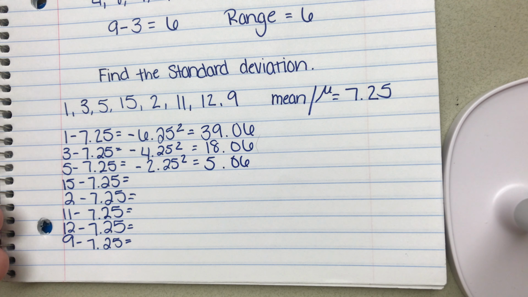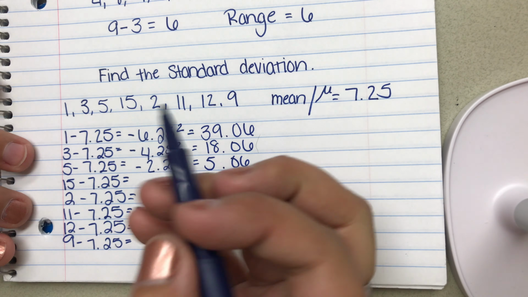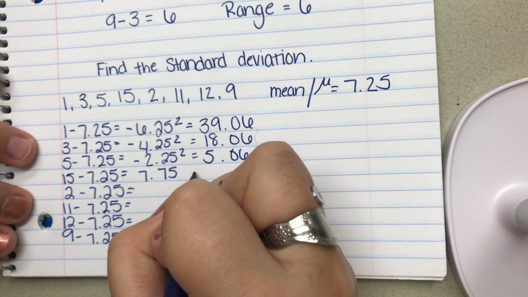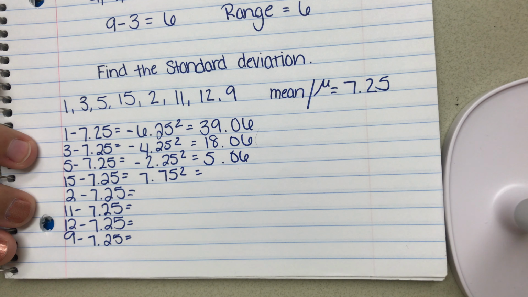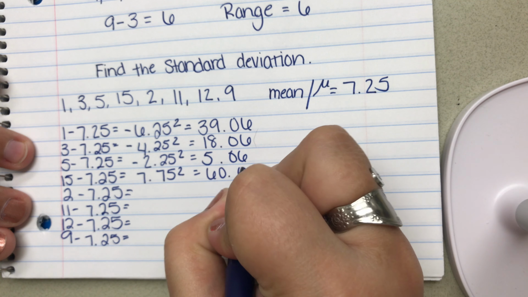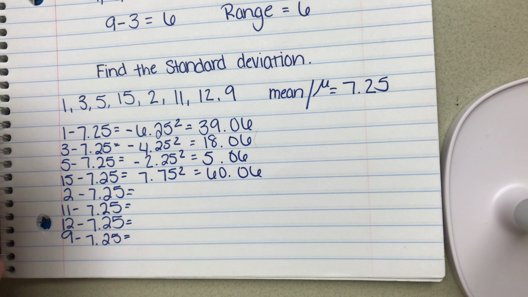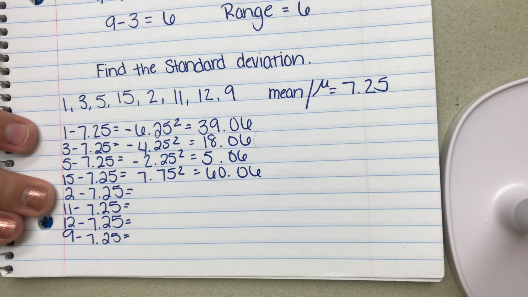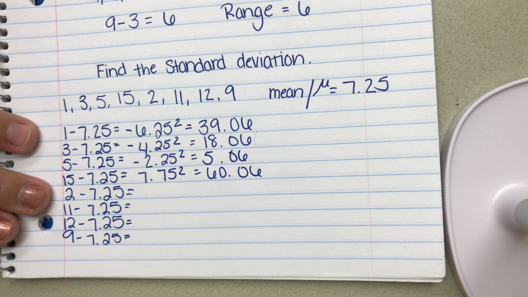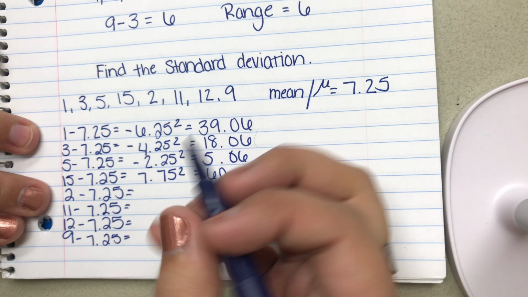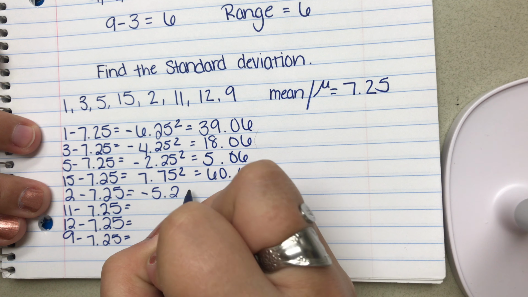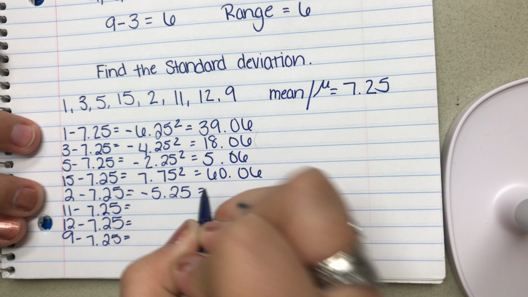All right, 15 minus 7.25. Now we get 7.75. Square that and you get 60.06. Our next one is 2 minus 7.25, and that is negative 5.25.